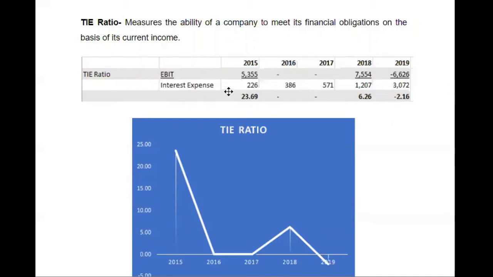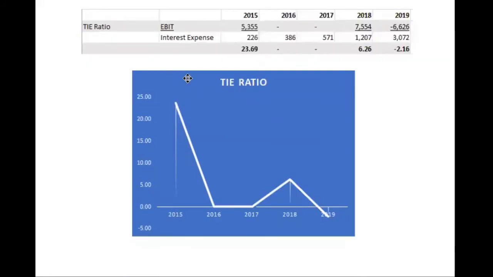Their interest expense is 226 in 2015, 386 in 2016, 571 in 2017, 1,207 in 2018, 3,072 in 2019. And their TIE ratio in 2015 is 23.69, 6.26 in 2018, negative 2.16 in 2019.